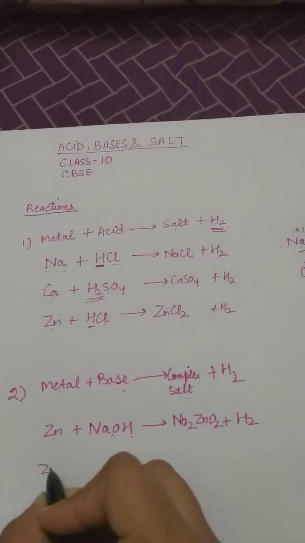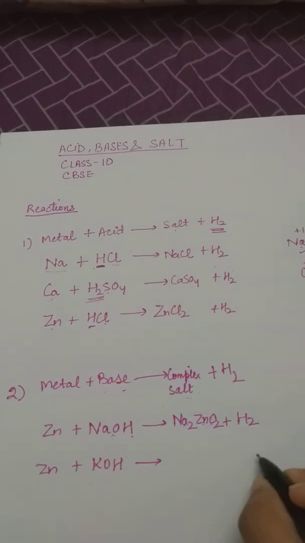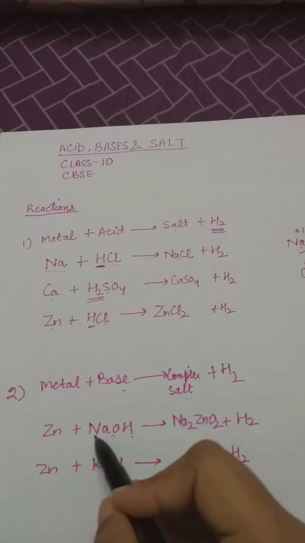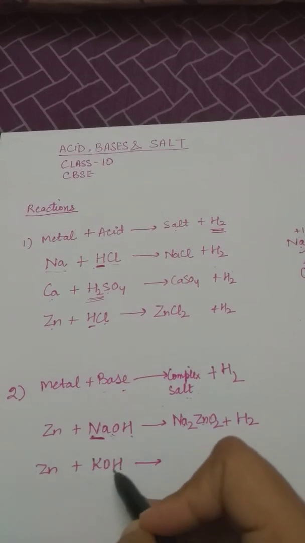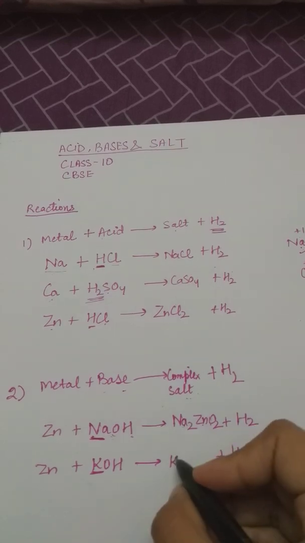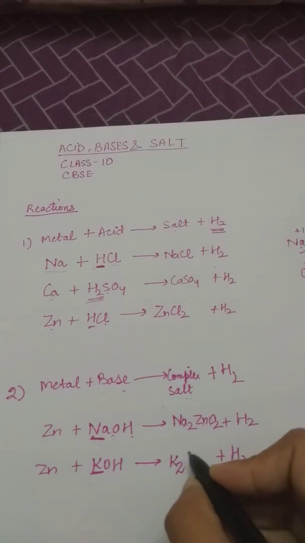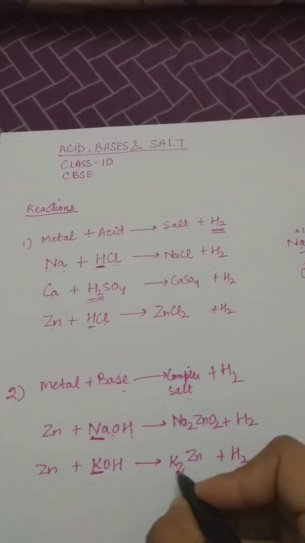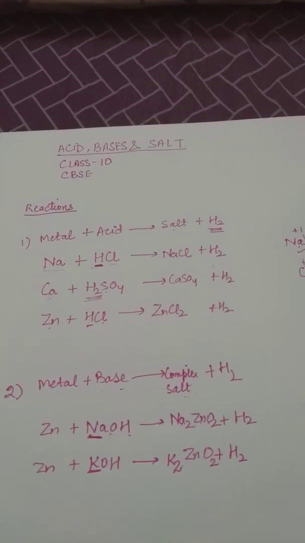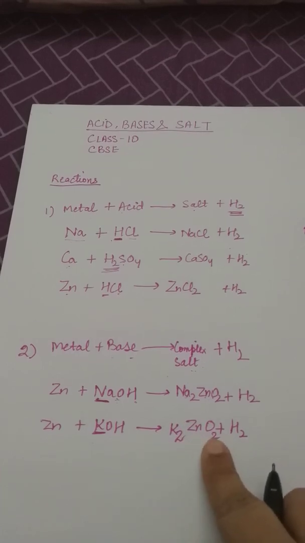Now if we replace sodium hydroxide by potassium hydroxide, again I will write hydrogen gas first of all, plus potassium, because the valency of sodium and potassium is the same, which is 1. So the formula will be exactly the same, you just need to replace sodium by potassium. The formula becomes K2ZnO2 and the name is potassium zincate.